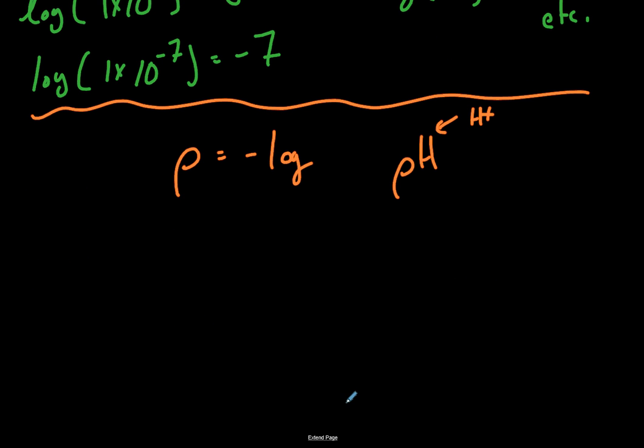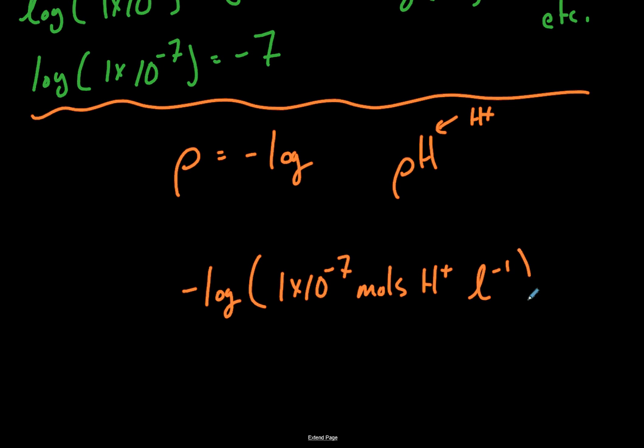If I put a P in front of the H, what I'm saying is I need the negative log of the concentration of H plus ions, which we just said was 1 times 10 to the negative 7 moles of H plus per liter. Well, the negative log of 10 to the negative 7 equals 7. Boom. pH of normal water is 7.